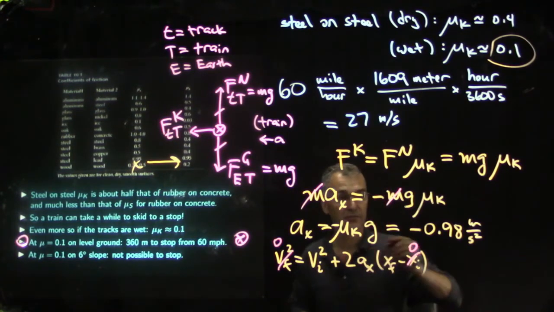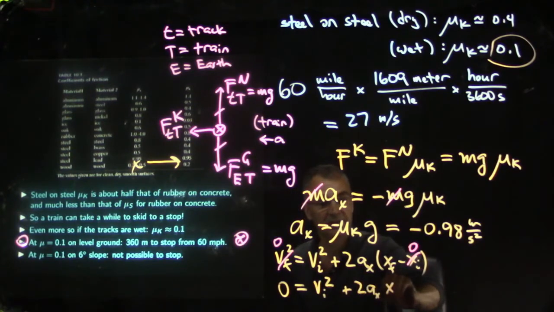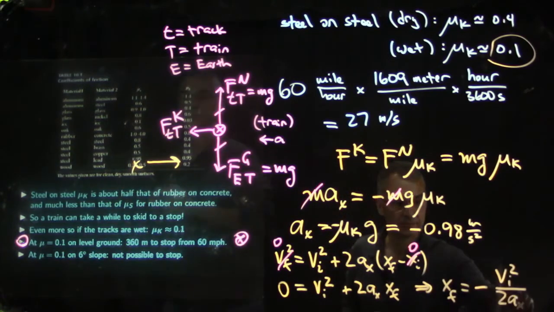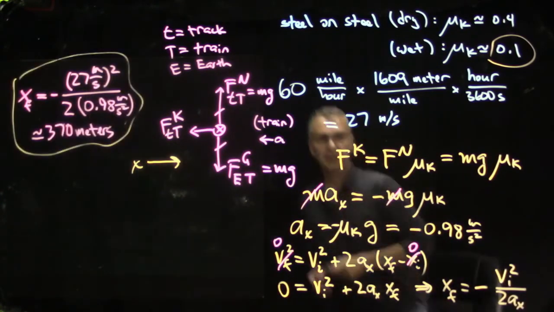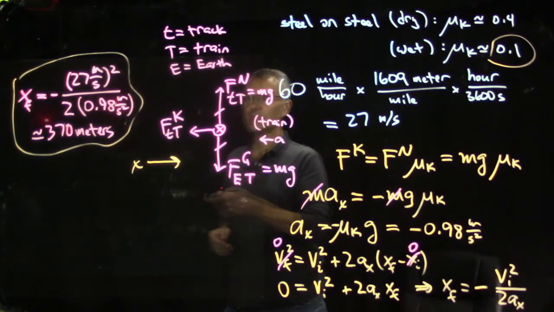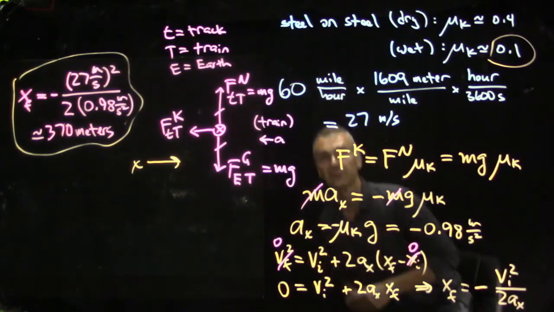That gives us 0 equals v initial squared plus 2a sub x x final. Plugging in numbers, x final is minus v initial squared divided by 2 times the acceleration, which is about 370 meters. So if the train starts at 60 miles per hour on wet tracks with only 0.1 coefficient of kinetic friction, it takes about 370 meters to slide to a stop.